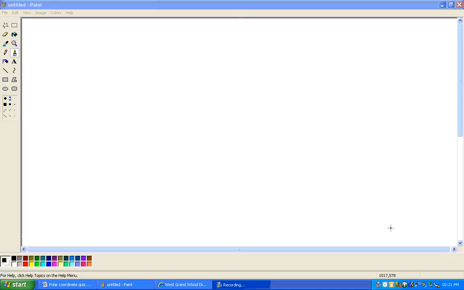Okay, so folks, I want to talk about two other things. I want to talk about a conjugate, and then I want to talk about how to make things simplified. So conjugates.